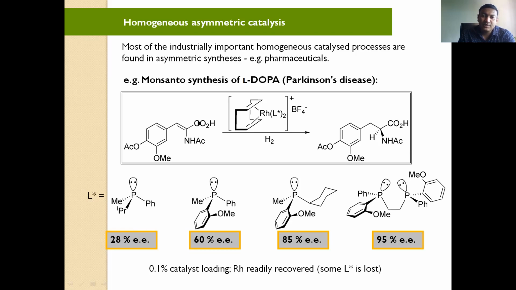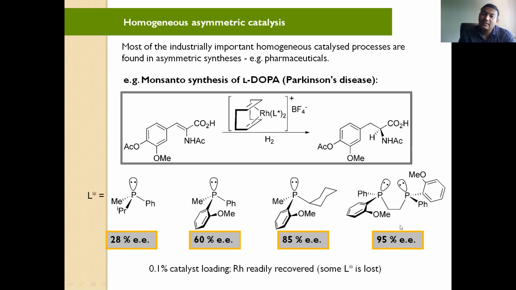In between there is a double bond, and the target is to carry out hydrogenation, but in a specific manner, whether R or S configuration. For that there is a requirement of this rhodium type of catalyst, and when they used the rhodium catalyst, a 95% yield was obtained.